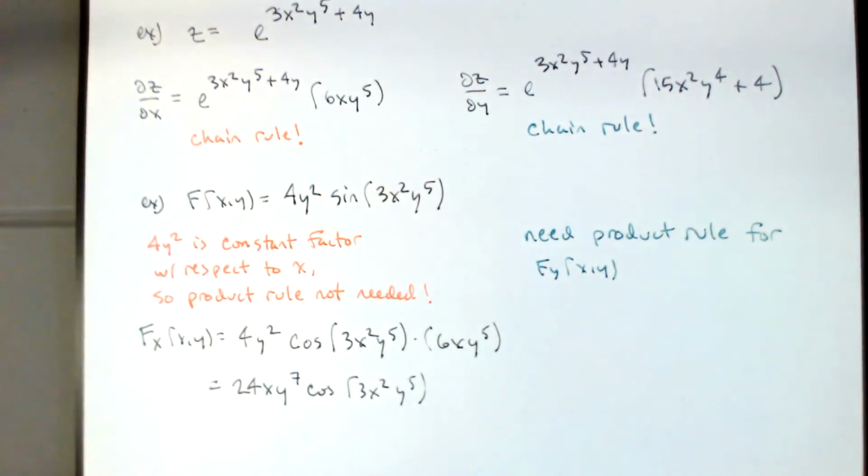Because with the derivative with respect to x, I can read 4y squared as a constant factor. But for the derivative with respect to y, we're going to need the product rule. 4y squared is not constant. Sine of 3x squared y to the fifth, also not constant.